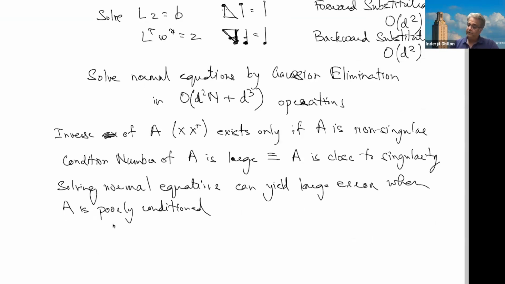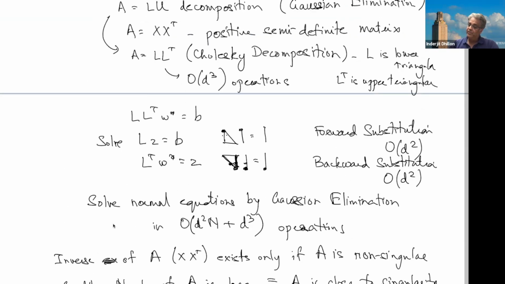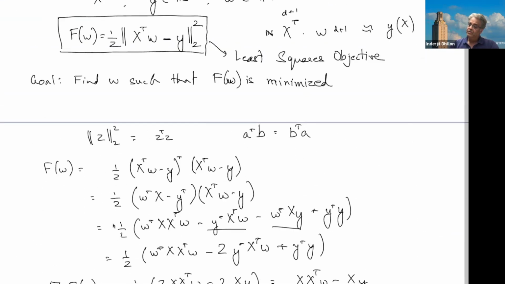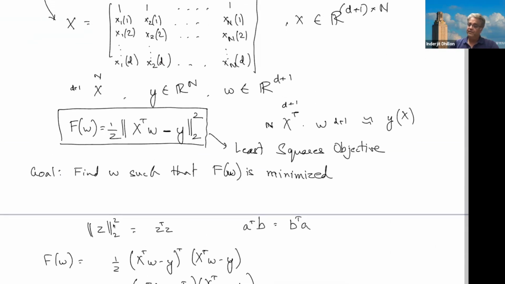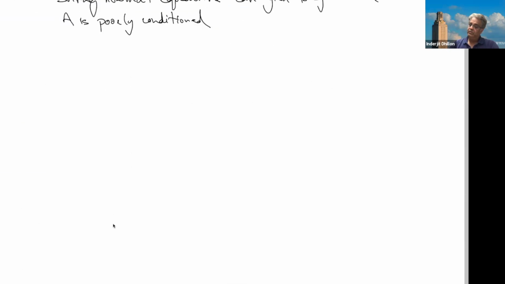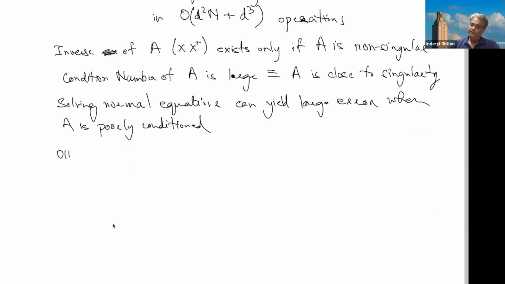There are other methods of solving this problem, right? So remember the original problem was what? Minimize this, right? Minimize f of w, right? So there are other methods which are better when A is close to singular.